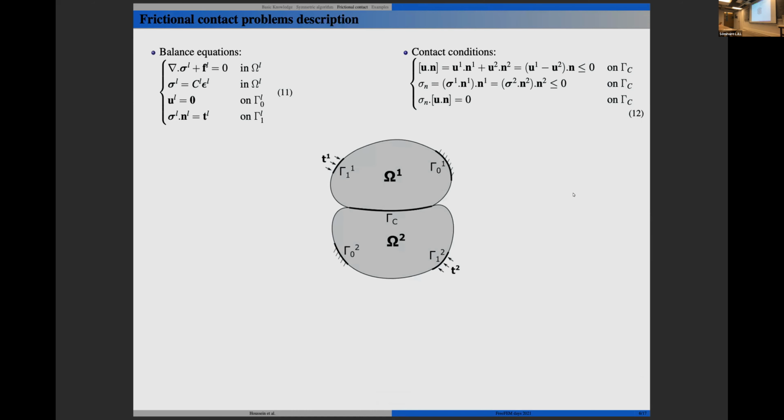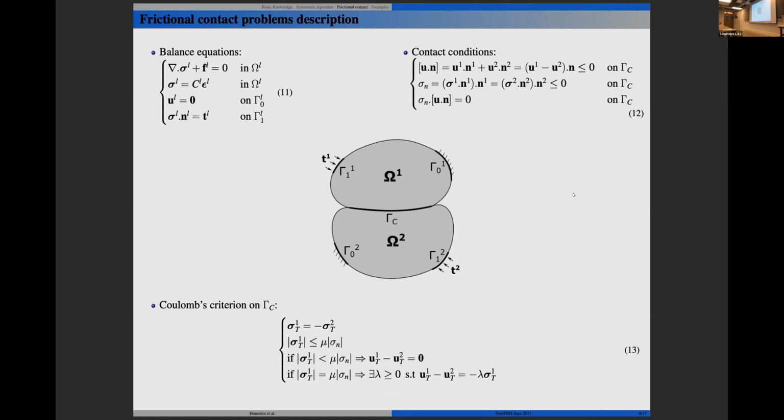Now I will talk about the friction contact problem. We have two bodies, omega 1 and omega 2, initially in contact at gamma c. We have also the same balance equations, but here we have two balance equations for the first and the second body. Also, we have a contact condition in simpler form, and in general, in frictional problems, the Coulomb's criterion is often used.